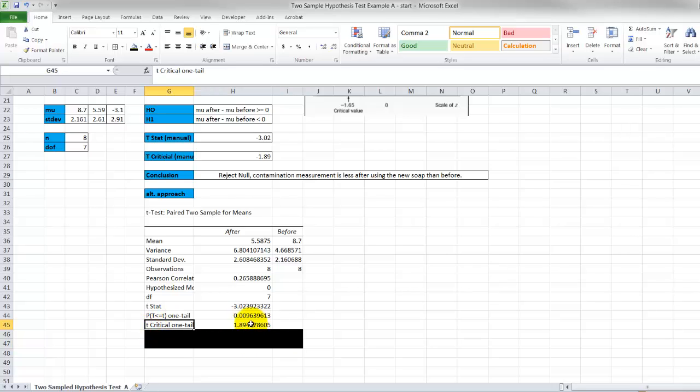The test critical is 1.8, and this is where things get a little confusing when using the toolpack. The way that this is implemented always shows you the positive, the absolute value of the critical. We have to know that we are actually testing the left tail. This, in other words, will always be positive. Even though we adjusted for after and before, we got the right test statistic.